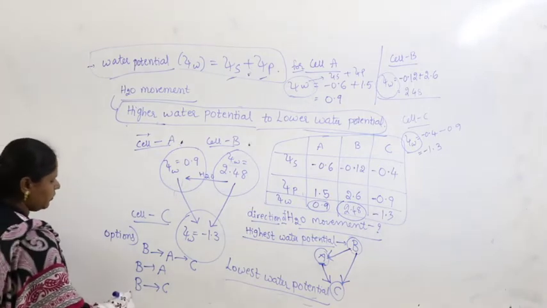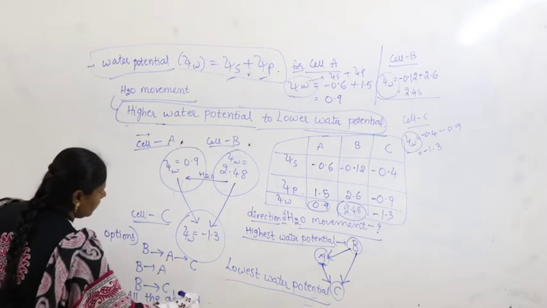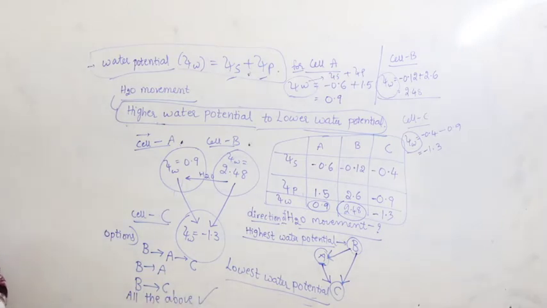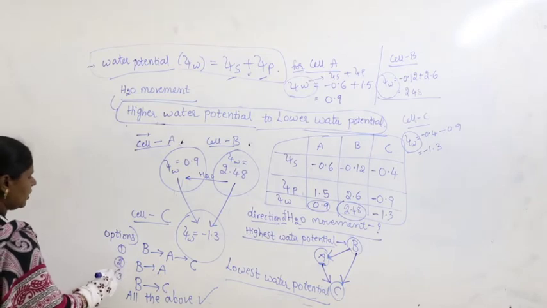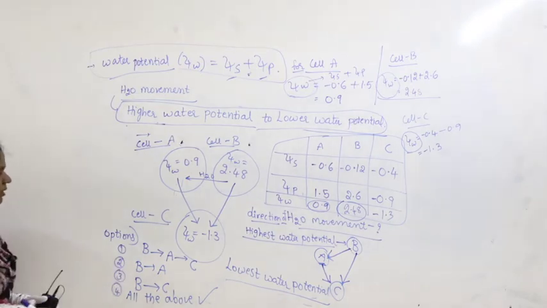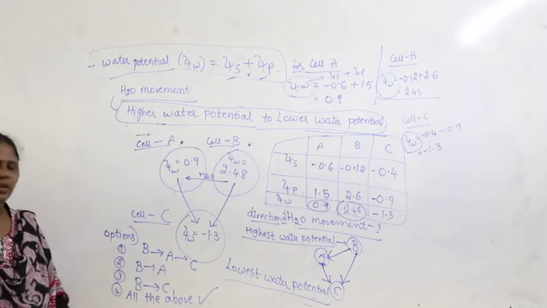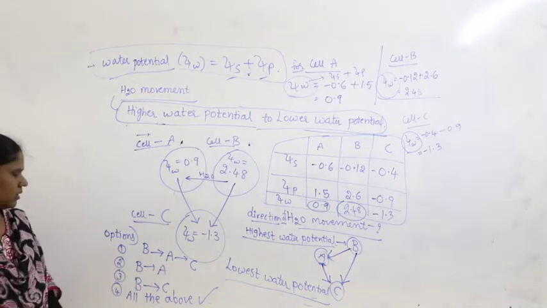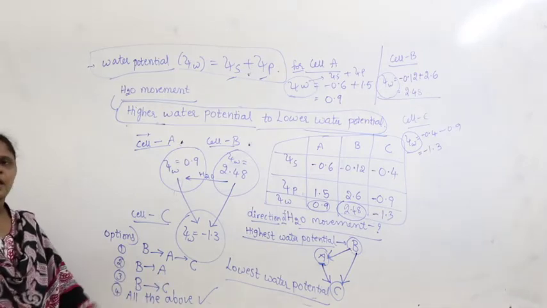Suppose for this question, if all the above is given, then you have to go for all the above. Yes or no? Option numbers 1, 2, 3, 4 are there, because movement occurs from B to A to C, B to A occurs, B to C also occurs, so you can take all the above.